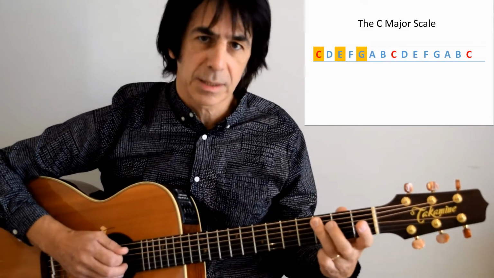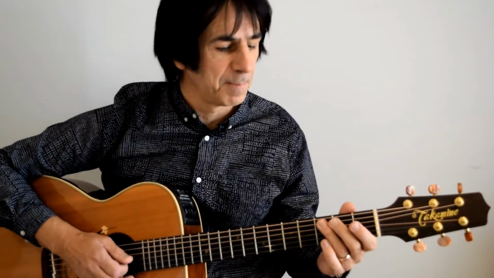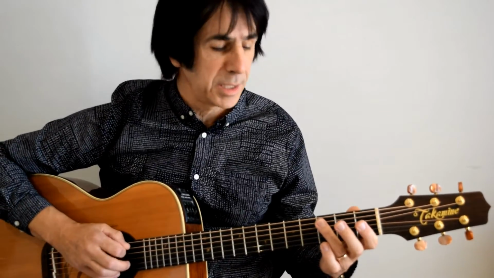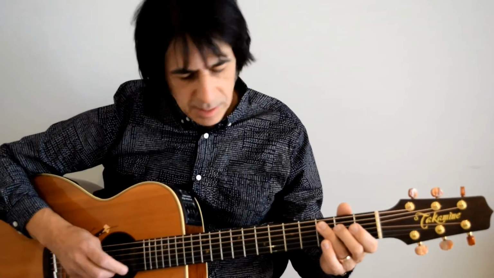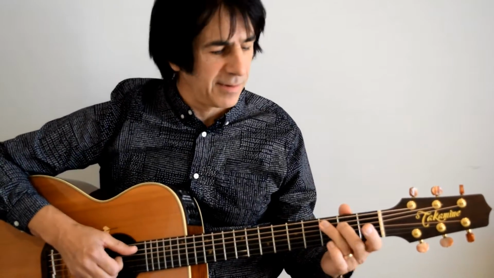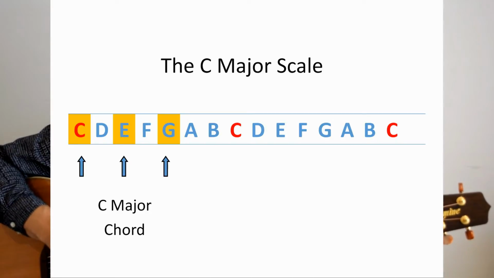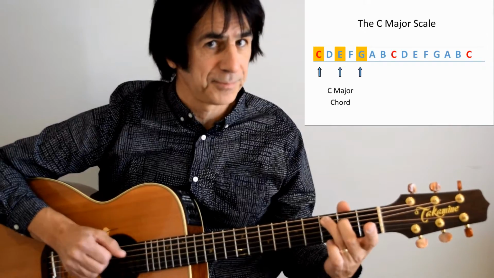So the first, third, and 5th note of the scale. In this case, that is C, that is E, and that is G. C, E, and G. Put those together, and we have a basic chord, C major chord.